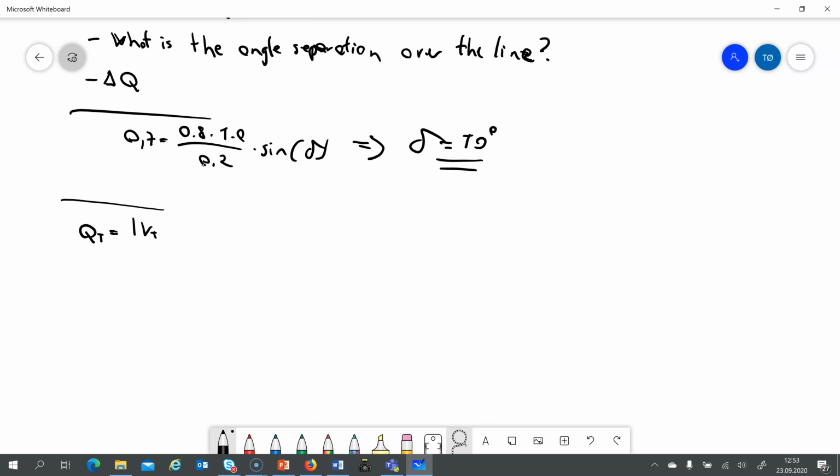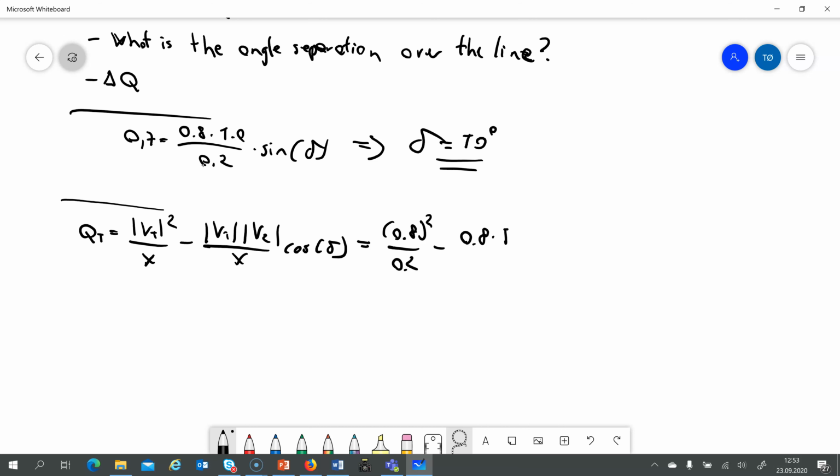So this expression, V1 squared minus V1 V2 cos delta, like this. This becomes minus 0.7383.